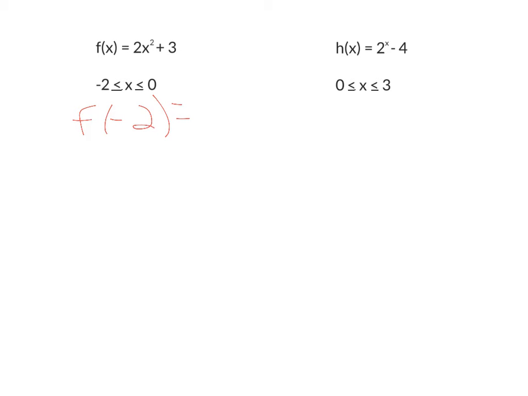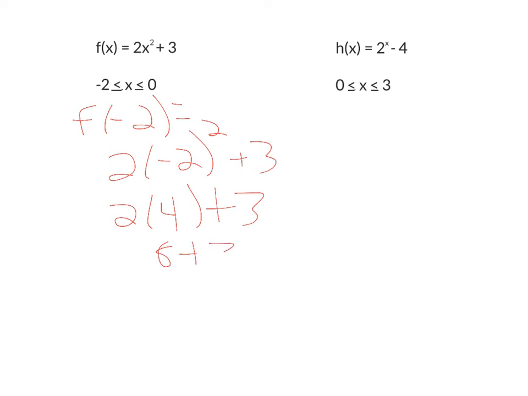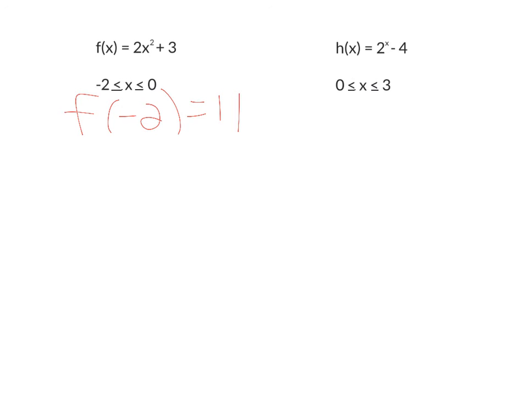When I'm finding f of negative 2, I would square negative 2 first to get 4, multiply by 2 to get 8, and add 3 to get 11. Therefore, f of negative 2 is equal to 11, which means that the point negative 2, 11 is on my function.